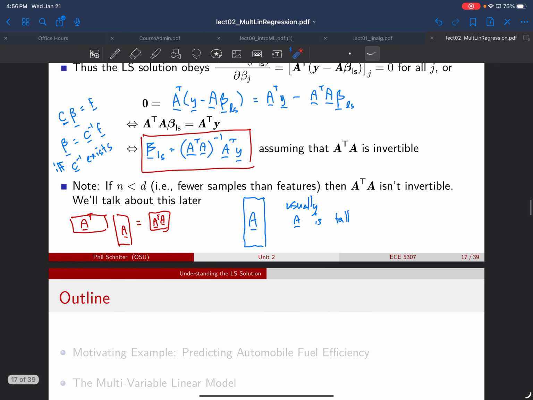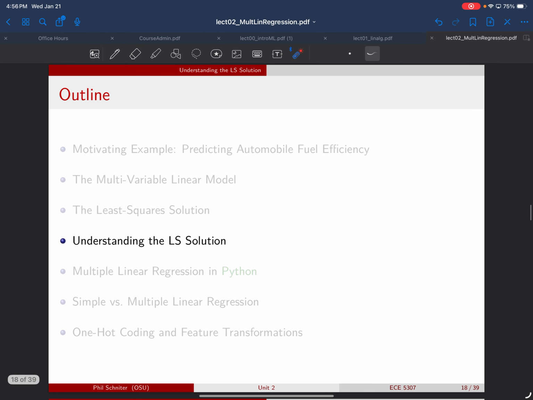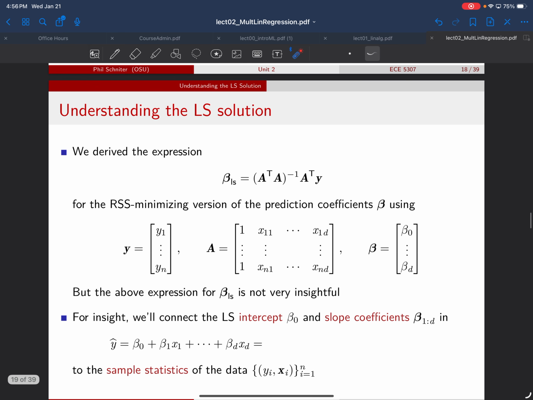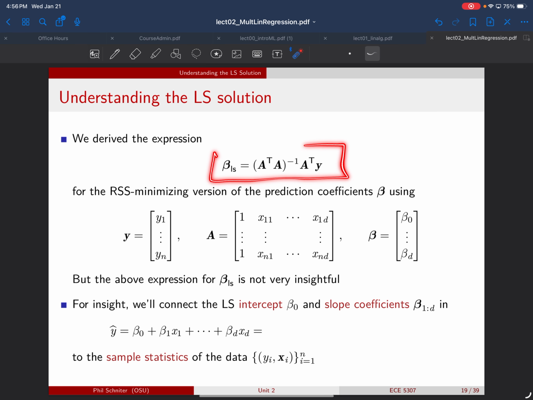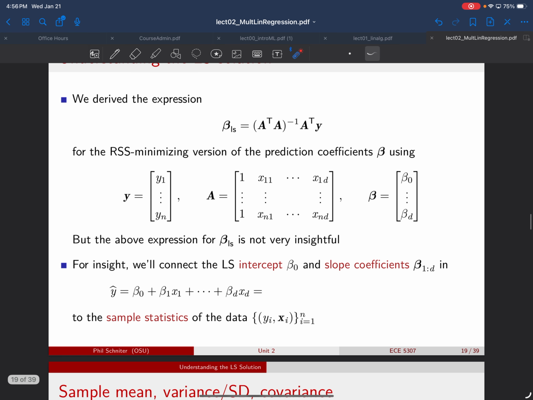Good, so basically we have a solution to our problem. This is what we derived. And just to remember, y is a column vector of the different examples of our targets. A is, each one of the rows is a single example of the D features, but it also has this one that is multiplying the beta 0.